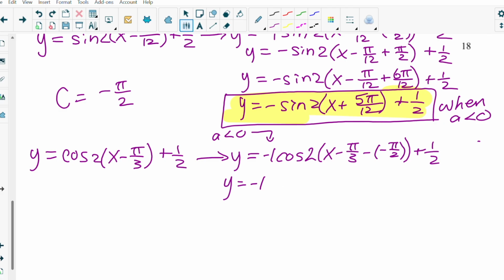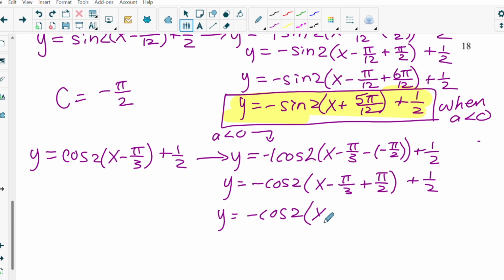Okay, everything else stays the same. The last part here is let's just simplify. So I'm just going to say negative cosine of 2 times x minus pi over 3 plus pi over 2 plus 1/2.